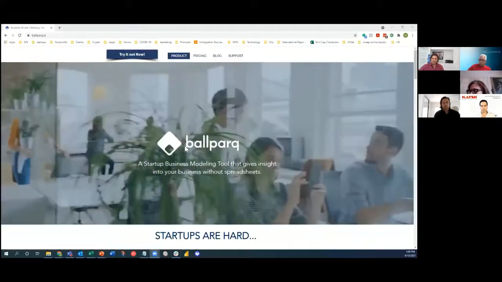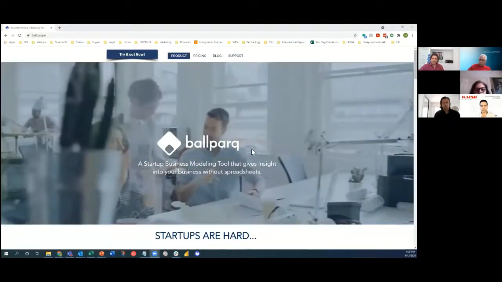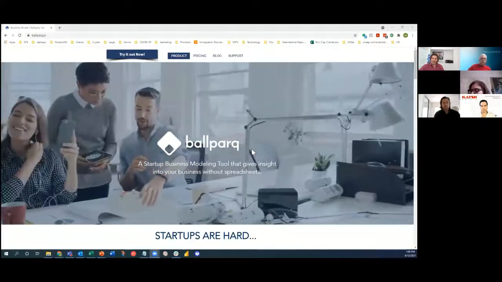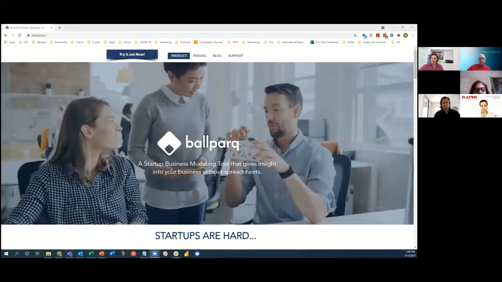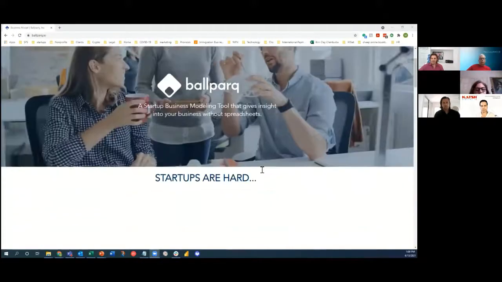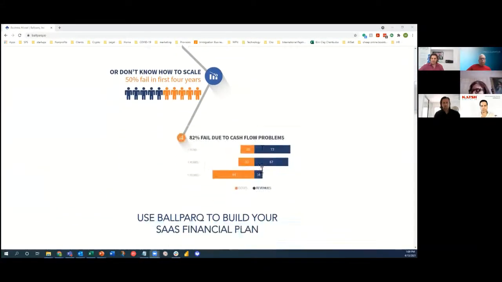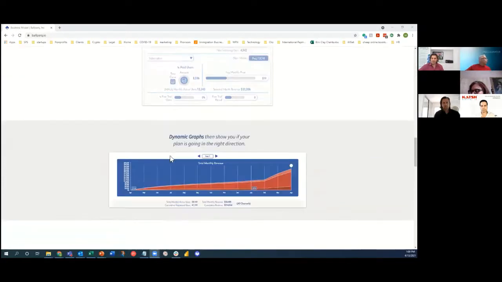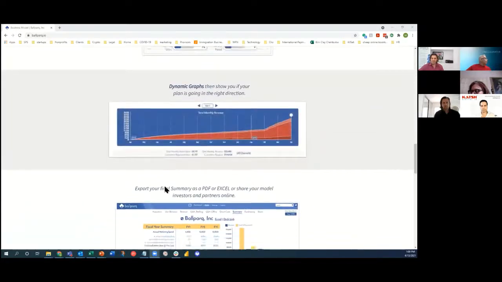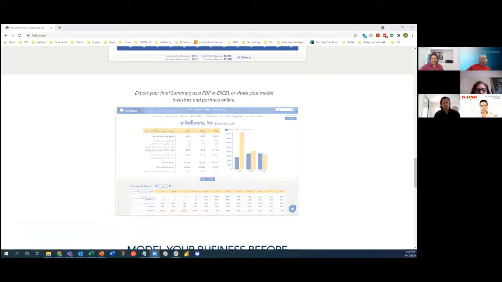So it's a play on words for like a baseball ballpark. And the idea is this model helps you get within the ballpark of your financial needs and financial projections. So it's not a spreadsheet. It's basically kind of like a form-based tool where it asks you some questions to input your assumptions, and then you get outputs like this that are charts and graphs and KPI summaries.